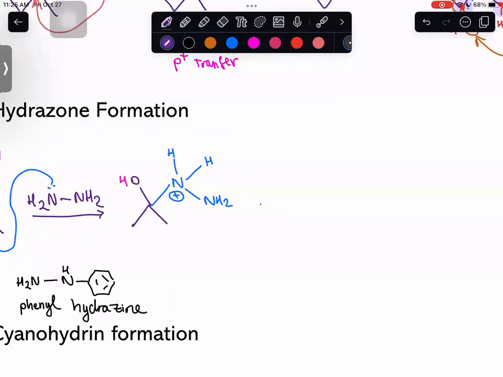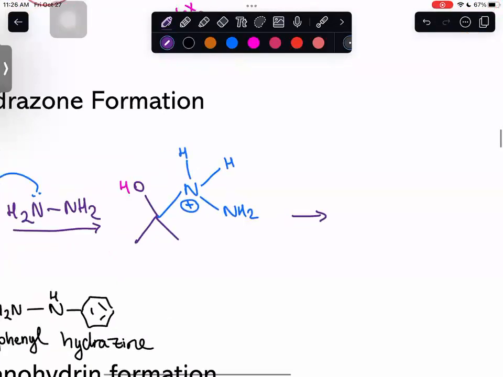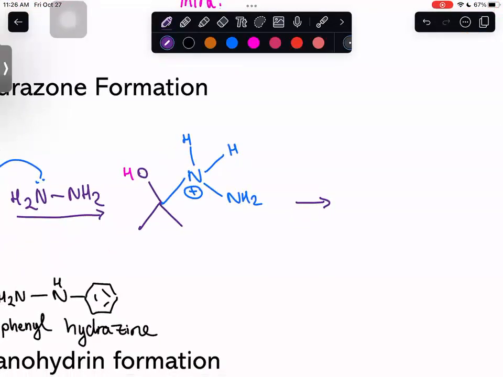Then it's got one of those hydrogens. The alpha hydrogens, or the hydrogens on the nitrogen? Exactly. How are we going to do that? What's the name of that step? Intramolecular proton transfer. So yeah, I skipped a step, that's right.